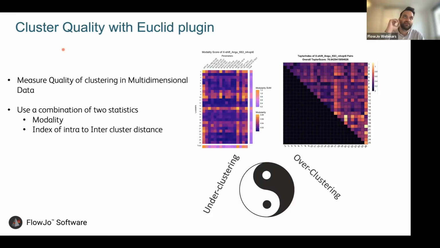That means if, for example, I have a cluster which is CD4 positive T cells, and within this cluster I have CCR7 positive and CCR7 negative events, then this test would detect this as bimodal for CCR7, and that will suggest that there is under-clustering.